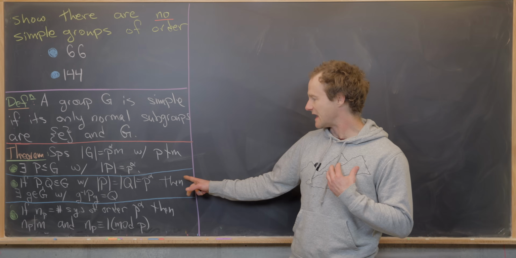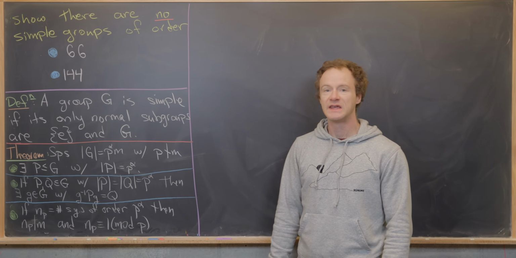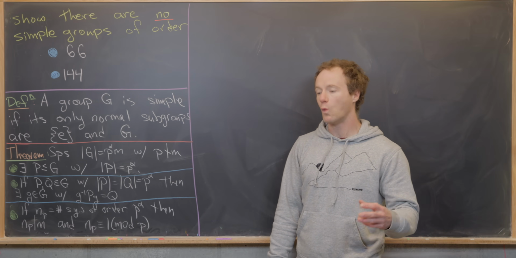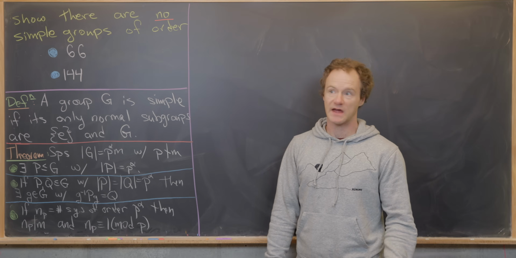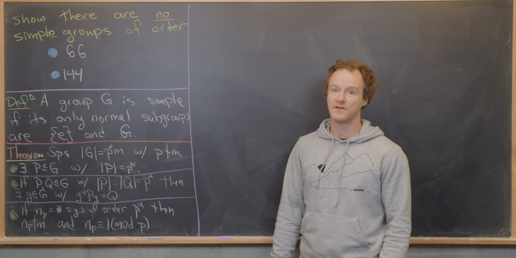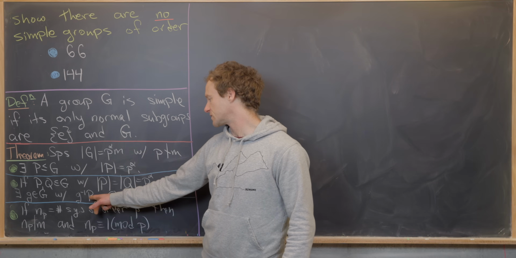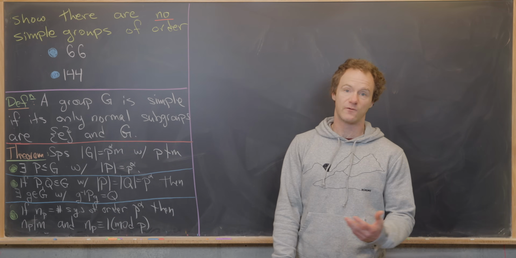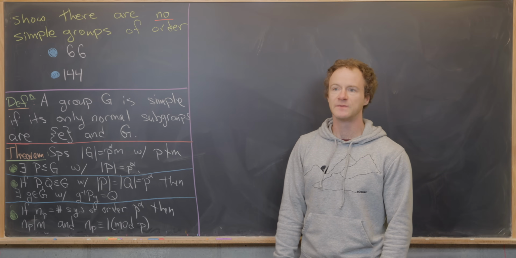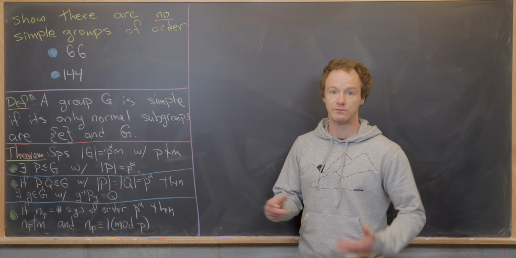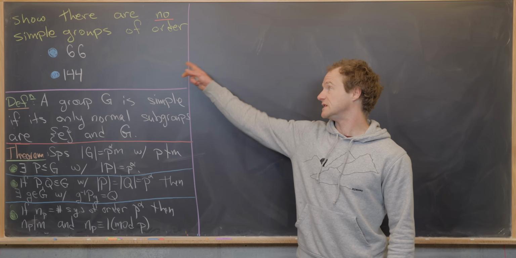Something that easily follows from this is that if there is only one subgroup of order p^α, then it is normal, because then you would have g⁻¹Pg equals P for all g in G. We're actually going to use that as we move through these solutions.